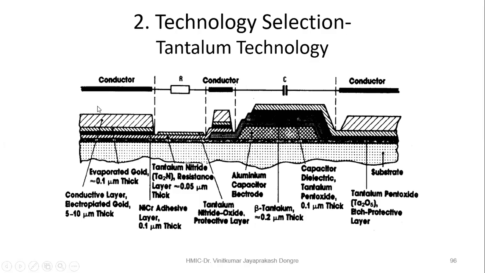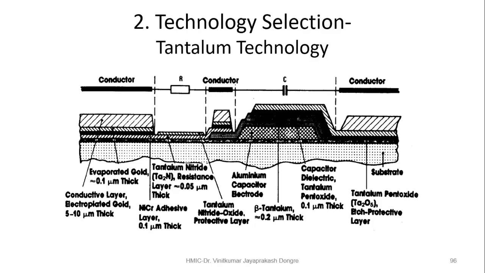As previously, again the same circuit: conductor, resistor, conductor, capacitor and conductor. As I explained previously, here we mainly have the resistor and the capacitor in the circuit on the chip, that is, on the substrate. Integration of resistors and capacitors will be done.